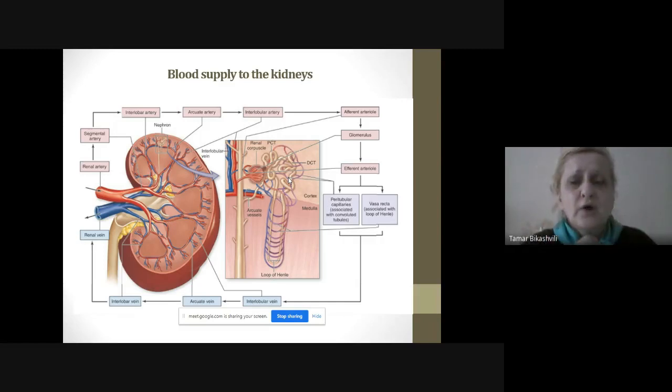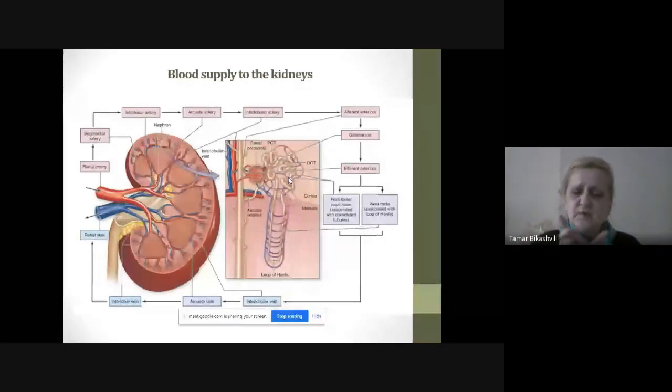So what do we have here? We have the portal system, if you remember. There are three different pathways: the simple pathway, the arteriovenous shunt, and also the portal system. This is a portal system: two capillary networks, and between the capillary networks is located another blood vessel, maybe a venule, maybe an arteriole.